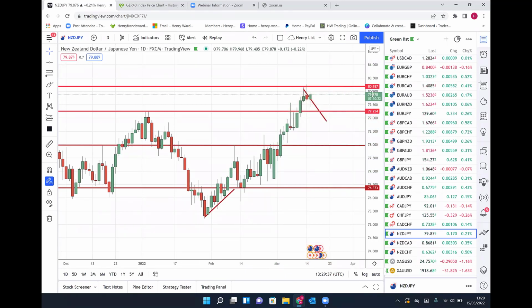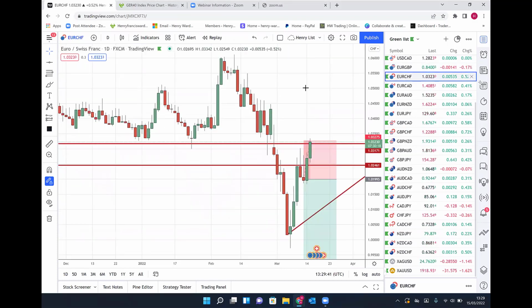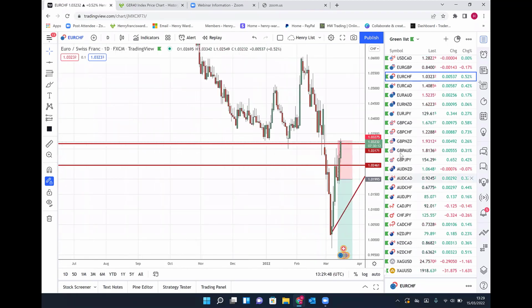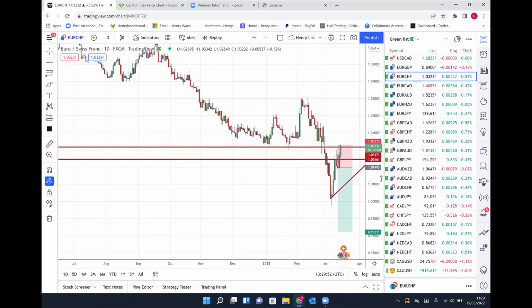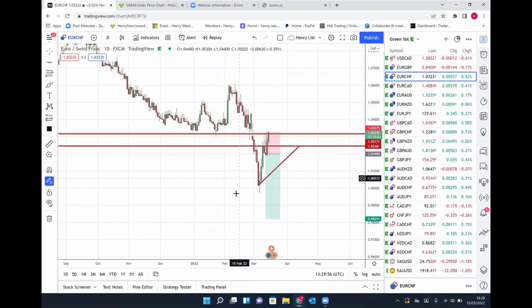And then Euro CHF. So strangely enough, Euro has had a little bit of strength.